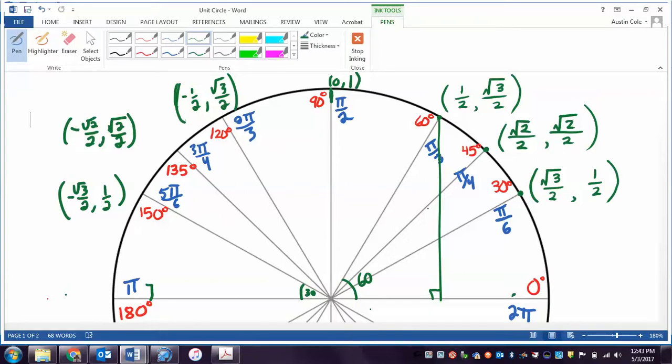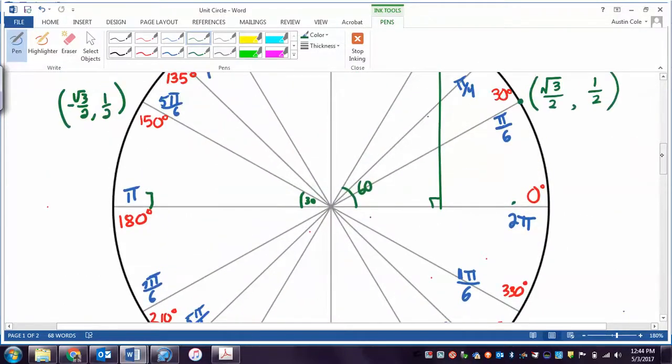Points in the second quadrant, well, the x is negative and the y is positive. What about quadrant 3? Both negative. What about quadrant 4? The x is positive and the y is negative. So when we get into quadrant 3, it's going to be the exact same numbers, except they are both going to be negative.